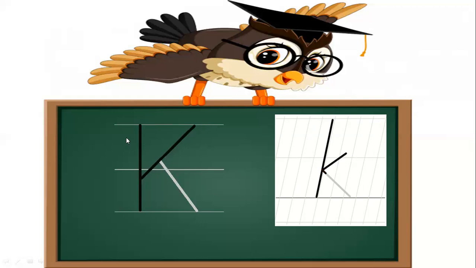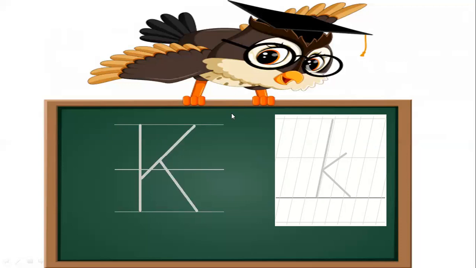Okay, for the capital letter K, you will use the first three lines for these two slanting lines, and in the lowercase k, you will use the middle line and the bottom line for these two slanting lines. Just the difference is this. Look here, it starts from here and it starts from the middle.